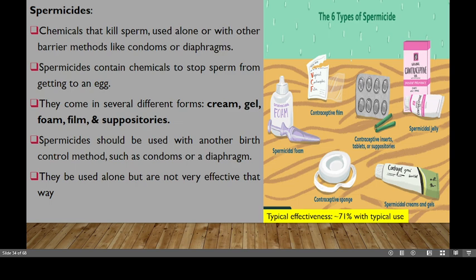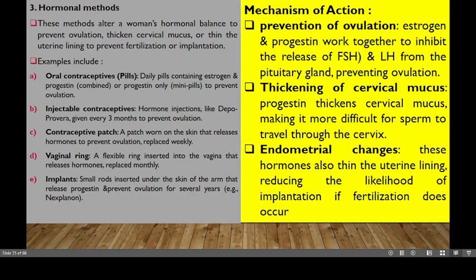When used effectively, their effectiveness is about 71%. They may be used alone, but are not very effective. I think it's inferior to the other methods that we have looked at.